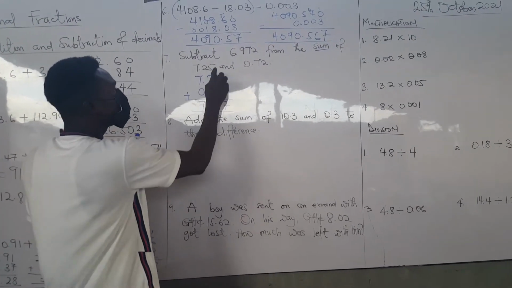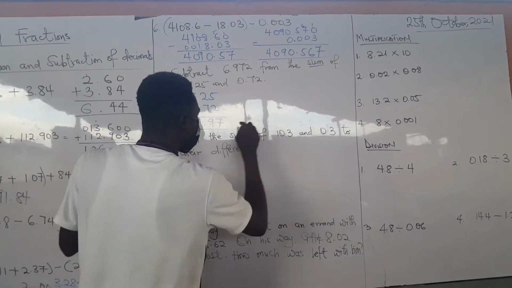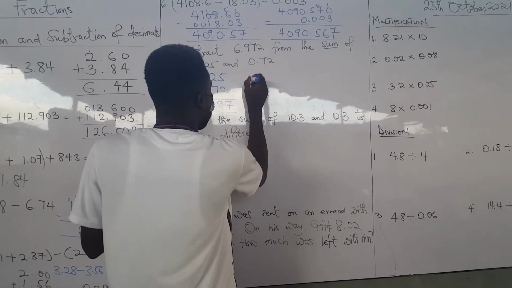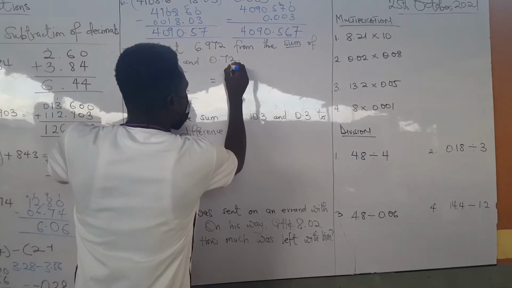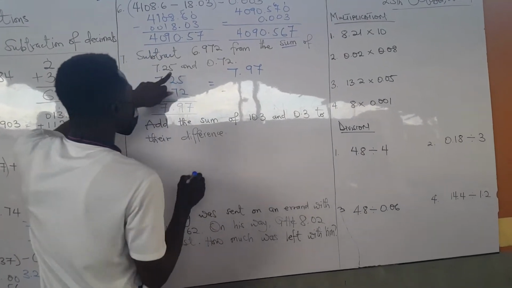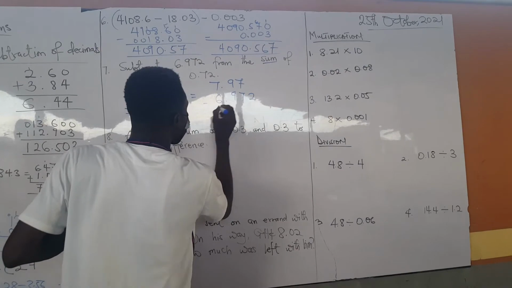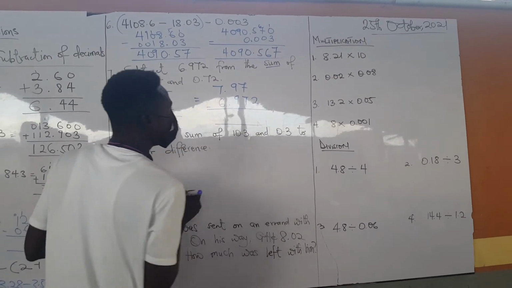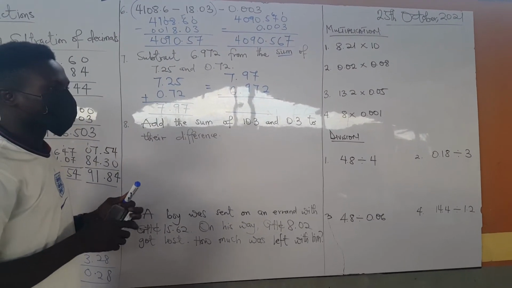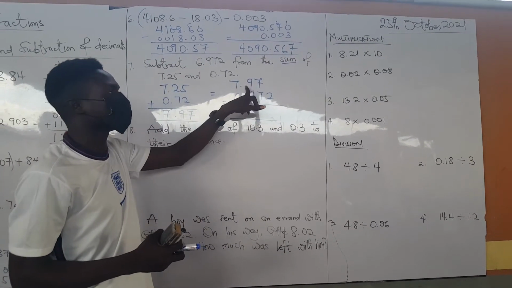And they are asking you to subtract 6.972 from this. So our expression is going to be 7.97 minus 6.972. This will be our expression. So we have to subtract this from the sum, which is this.